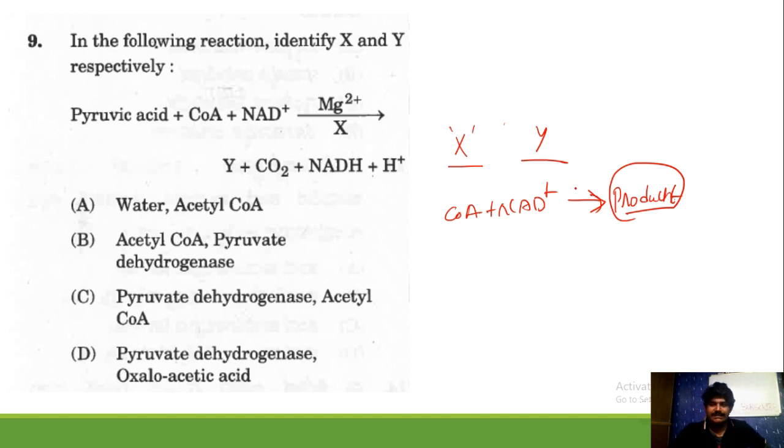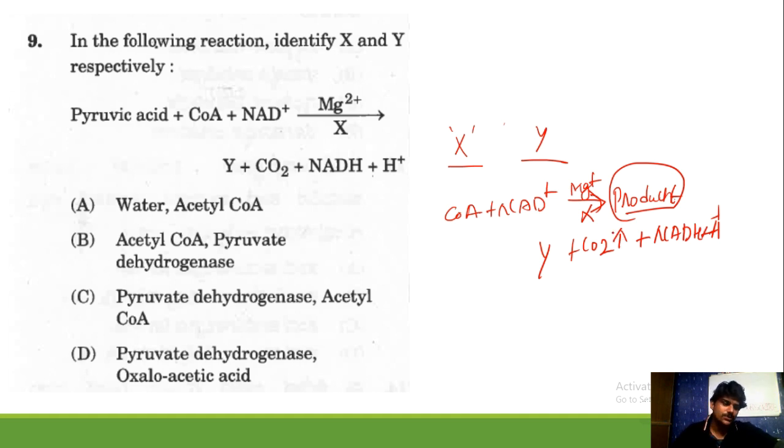So it reacts in the presence of Mg2+ and X, and the product is Y plus CO2, carbon dioxide is going to be released, plus NADH plus H plus. So it looks like the CO2 is liberating here.